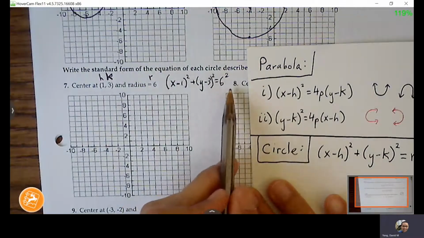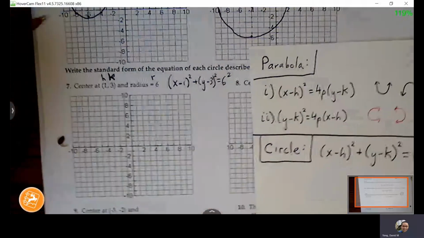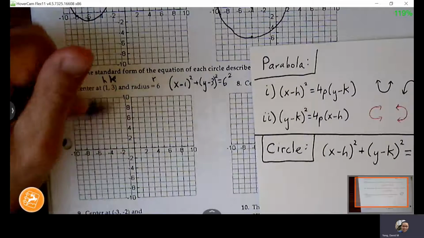You can put 36 or do 6 squared, either way is fine. But we can take this information and go ahead and create our circle.